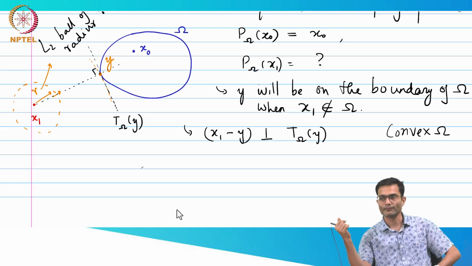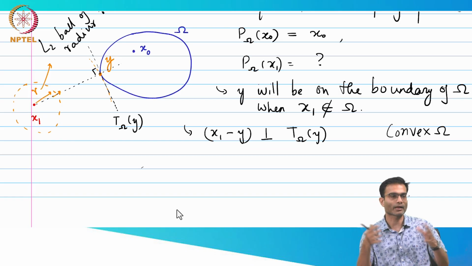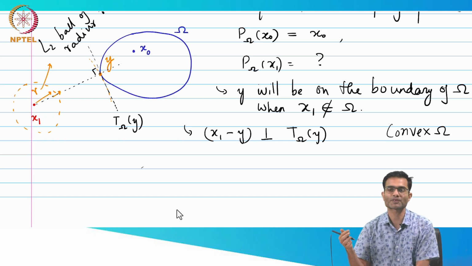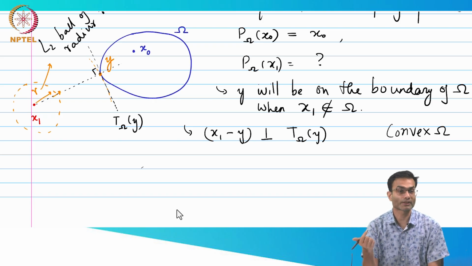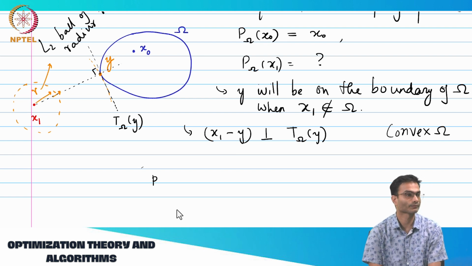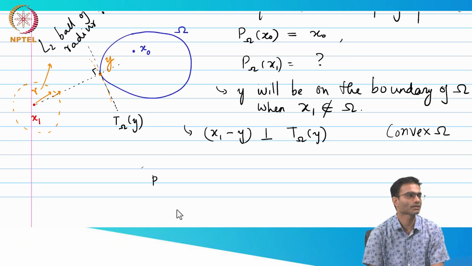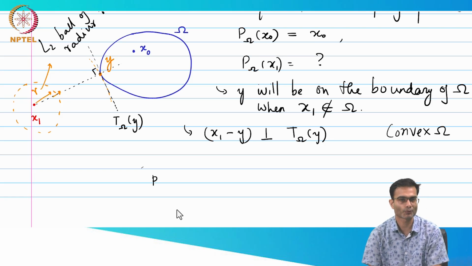For example, let us say you're optimizing the power of an antenna in an array. I have a variable p, and I'm trying to do some optimization. What would be the first common sense constraint you would put on the power?